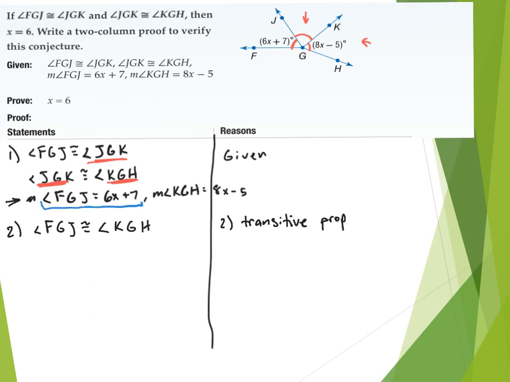So we're told that FGJ is equal to 6x plus 7, and that KGH is equal to 8x minus 5. What we can do now in our next step is take those values and plug them in to this new equation that we've written.